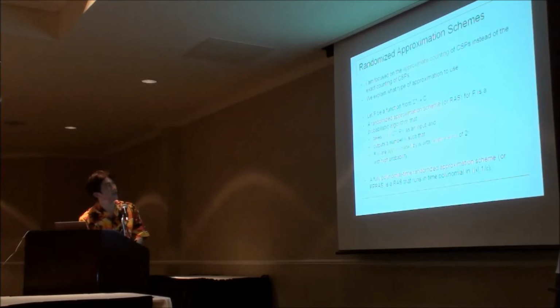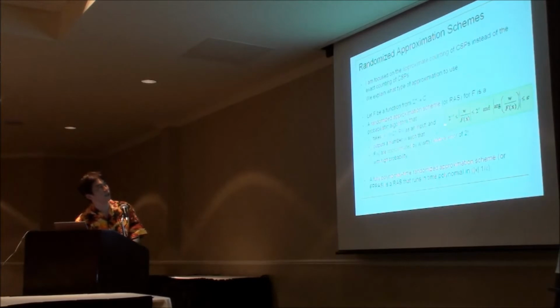But we are taking the relative error, not the absolute error. The relative error means the ratio of W to f of x is bounded by, or surrounded by, those values. And because we are talking about complex numbers, we have to put some restriction on the argument. If this scheme runs in polynomial time, then we call it the fully polynomial-time randomized approximation scheme.